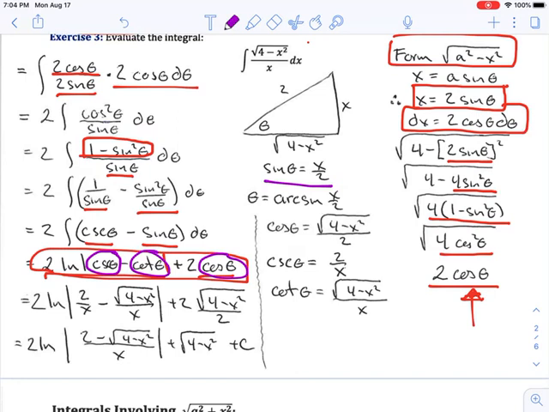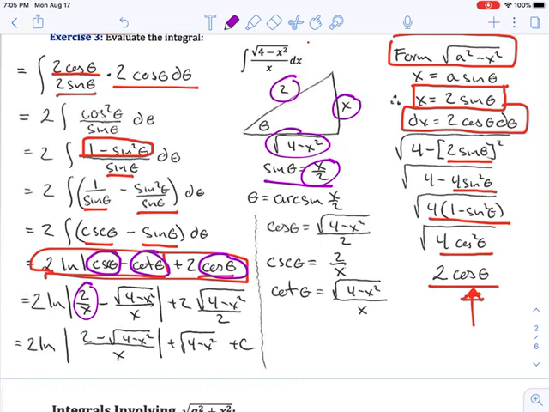So sine, again, is opposite over hypotenuse. Use the Pythagorean theorem to find that side. From that, cosecant is the reciprocal of sine, so we just take the reciprocal of sine and we get cosecant. Cotangent is the reciprocal of tangent, and tangent, I always remember, is opposite over adjacent.